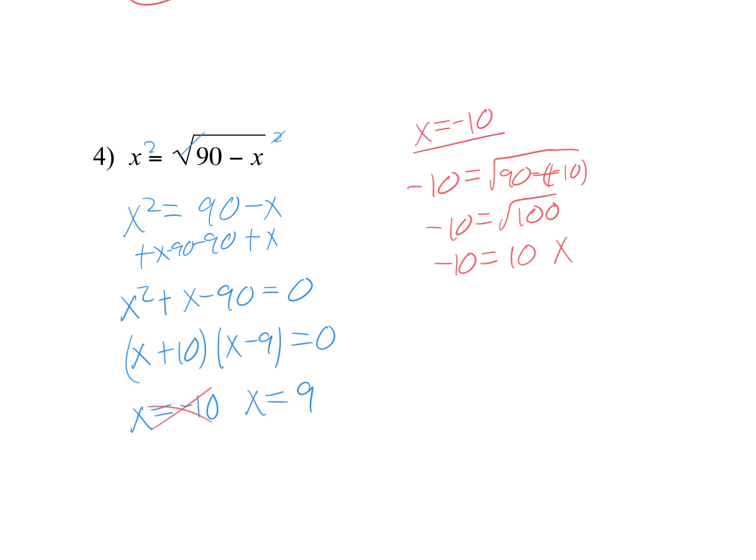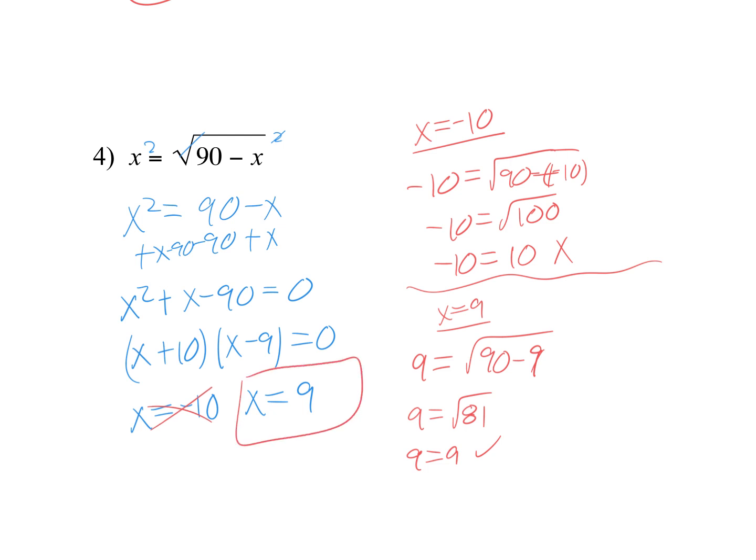So negative 10 is not a solution. Let's check x equals 9. I get 9 equals the square root of 90 minus 9. So I get 9 equals the square root of 81. So I get 9 equals 9, which is true. So x equals 9 is our only answer here.